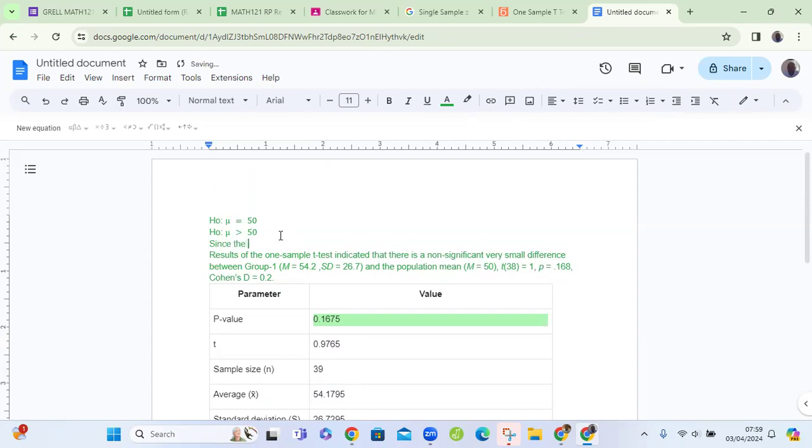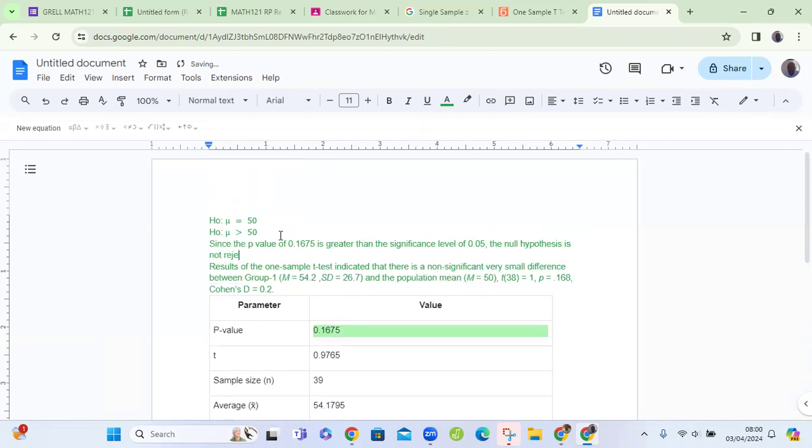Since the p-value of 0.1675 is greater than the significance level of 0.05, the null hypothesis is not rejected. We can remind ourselves of this from weekly notes number 9.